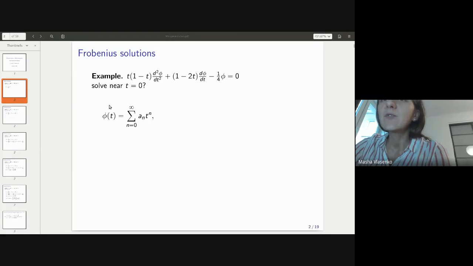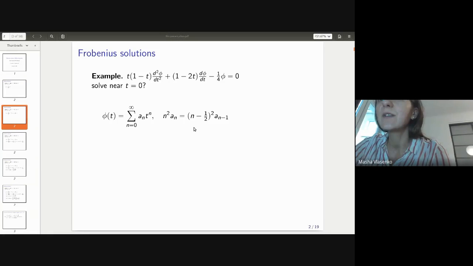If we try to solve it in power series, let's plug a power series into this differential equation. We find out that the differential equation is equivalent to this recurrence for the coefficients.